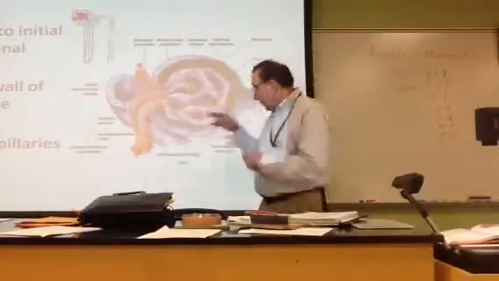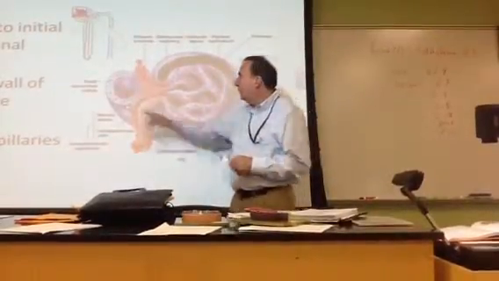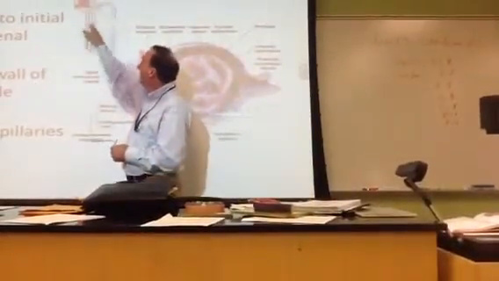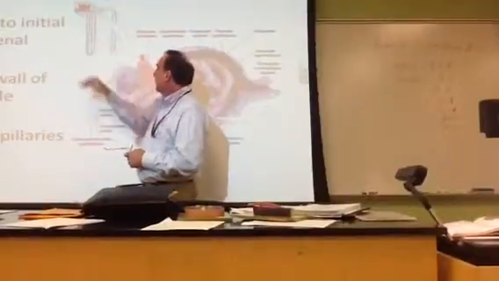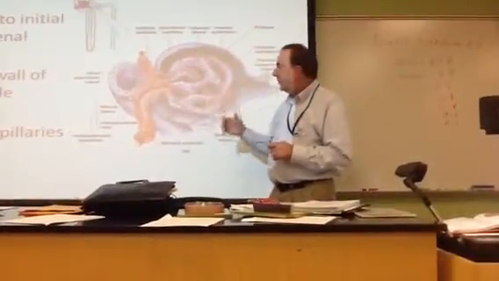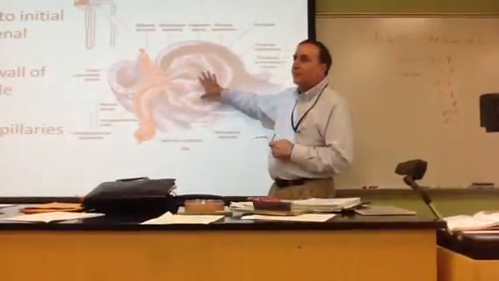These cells are able to sense the chemical nature of the urine inside the tube, because it has now gone through the nephron. Based on the chemical composition of the urine that's formed, it controls the rate of production of new urine.